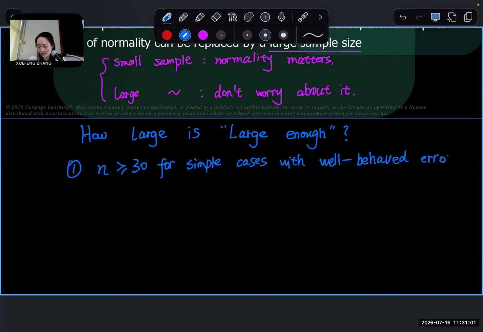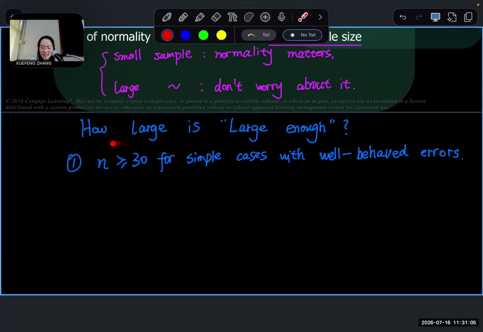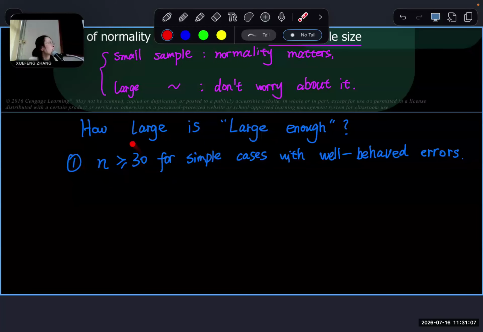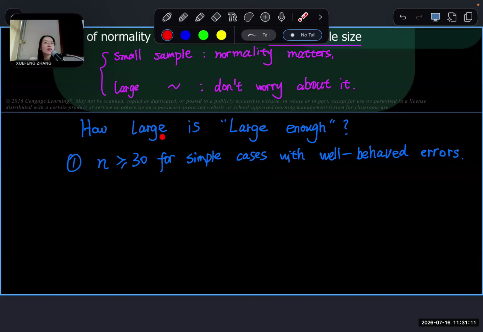If your sample is about 30, you cannot put 30 x's into your model, okay? It will confuse your estimate, your model.